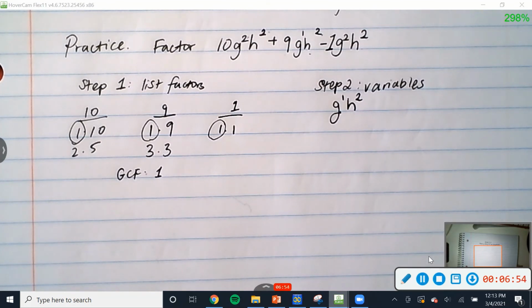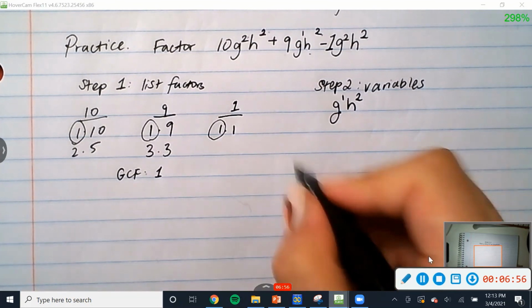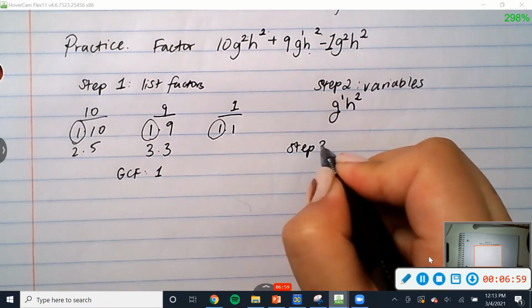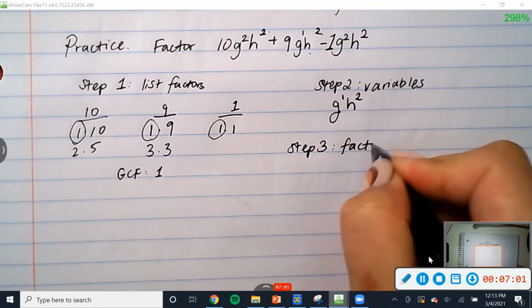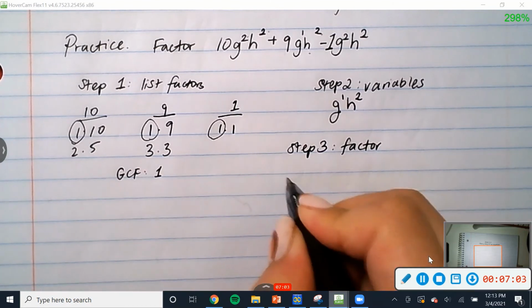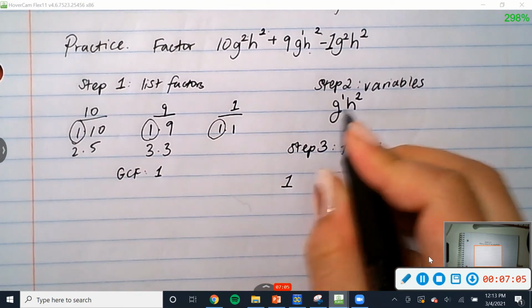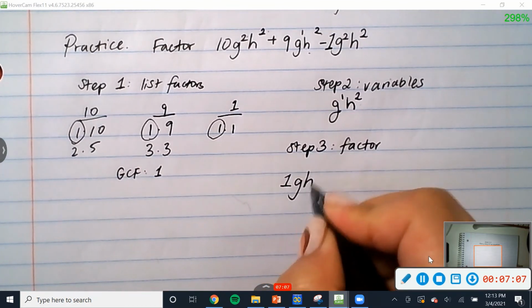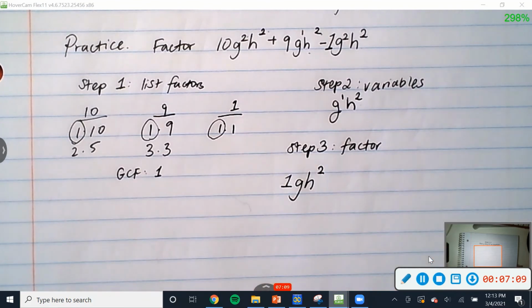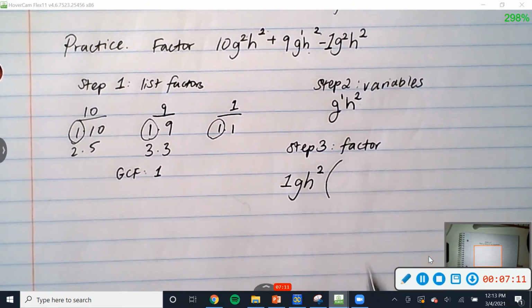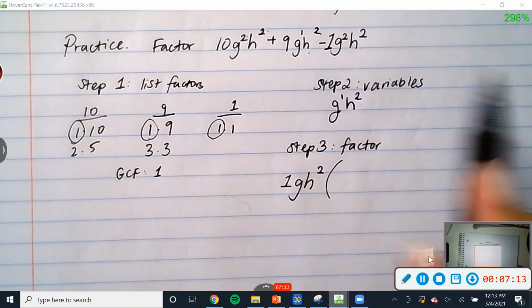So when I write out my factor, step 3, I'm going to factor it now. So my GCF is just 1. My variables, I have g to the first power and h to the second power. And then I just need to write out my original and divide.